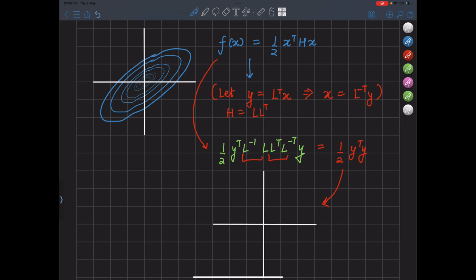Okay, so here we have circular contours, and here we can say that h(y) equals half y transpose y.